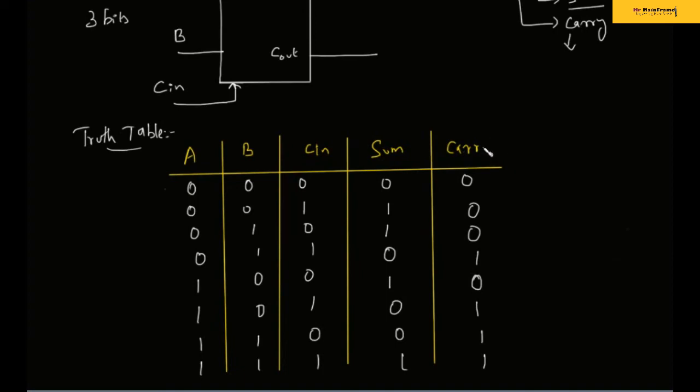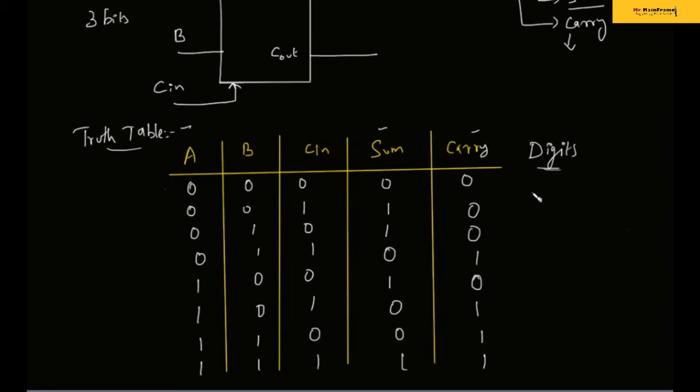So as far as this truth table is concerned, you can see this. The truth table sees the sum and carry as digits, right? I'll just write it here: A, B, C, and sum and carry are considered to be digits.